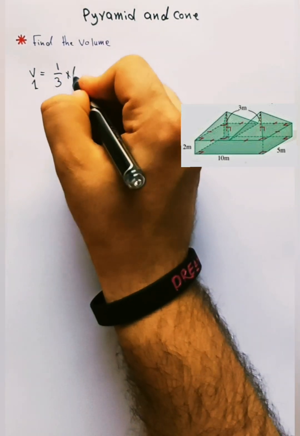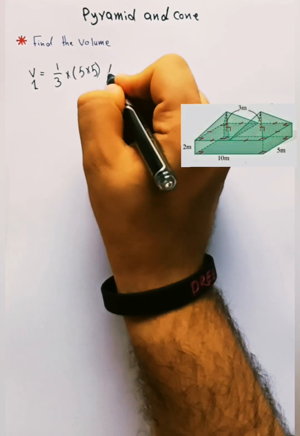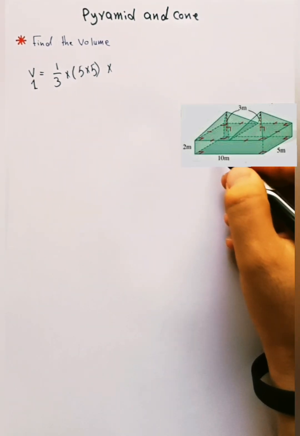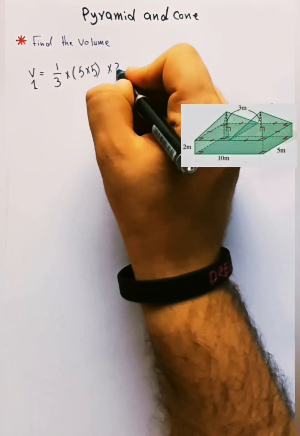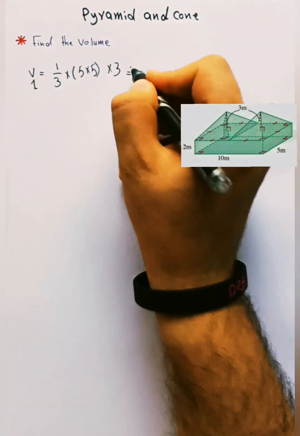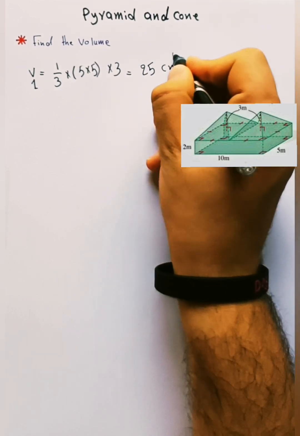So you have to write 5 times 5 multiplied by the height, which is 3. So the product is 25 cubic centimeters.